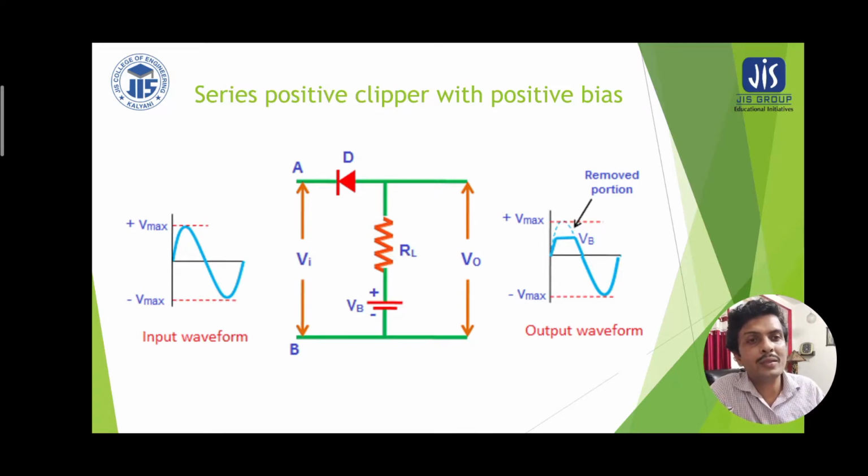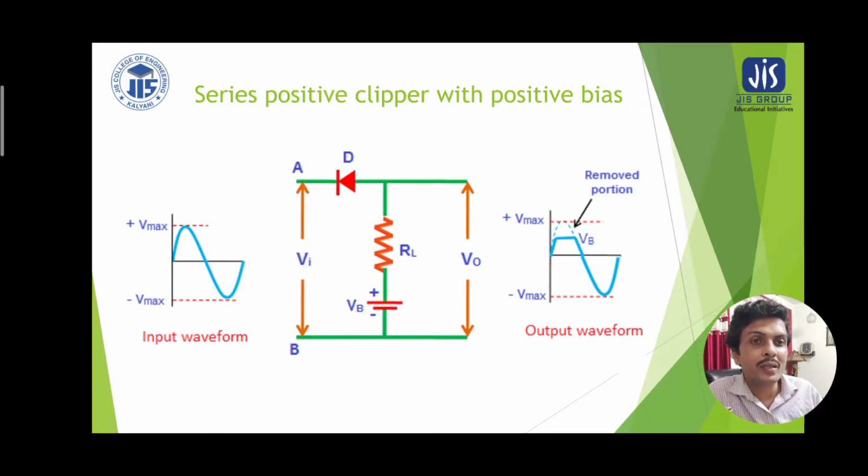Later on what will happen? The input voltage falls below VB because the negative half cycle is coming. At that time the diode is again on, and therefore the slope of the input is latched to the output, until the input again exceeds VB in the next time period.